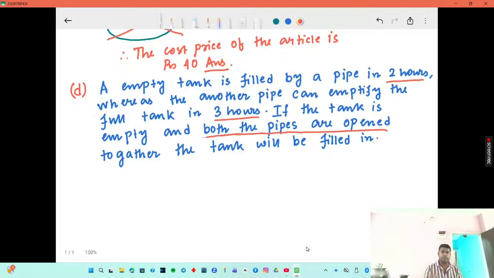If the reverse occurs, that is, if the time taken by the pipe to fill the tank is greater than the time taken by the pipe to empty the full tank, the tank will never be filled.